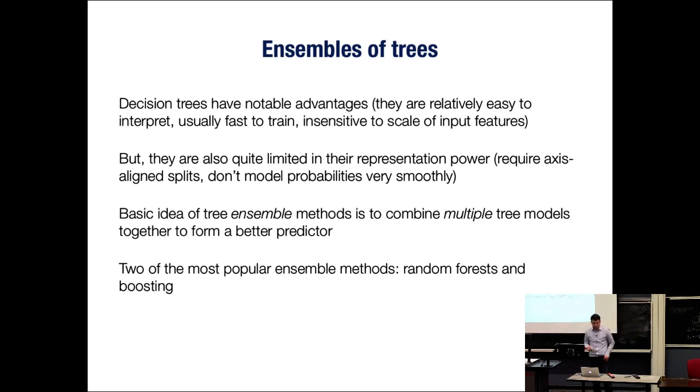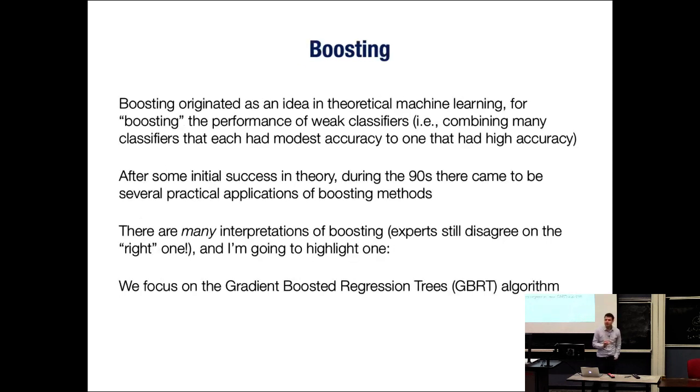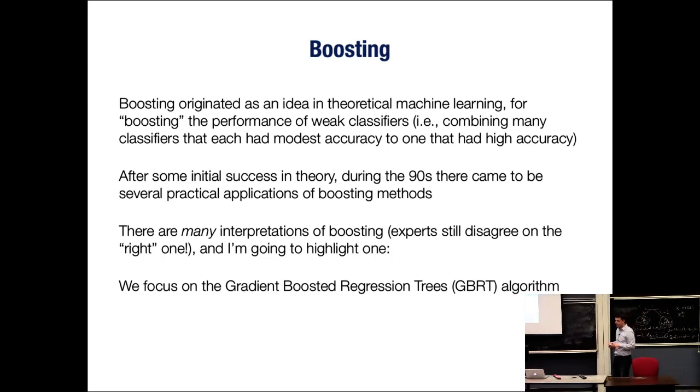And boosting actually refers to a lot of different things. Boosting is one of these areas that, though it has made some transition to statistics in recent years, did come out of the machine learning community. And in fact, it came out of the theoretical machine learning community. It started out as a theoretical algorithm to improve the performance of what are called weak learners.